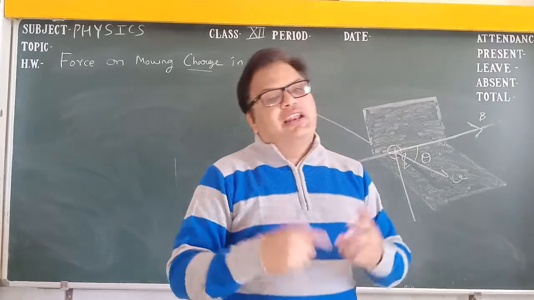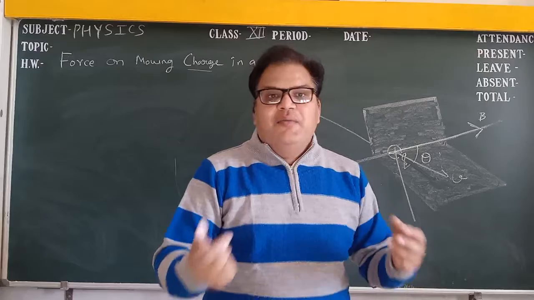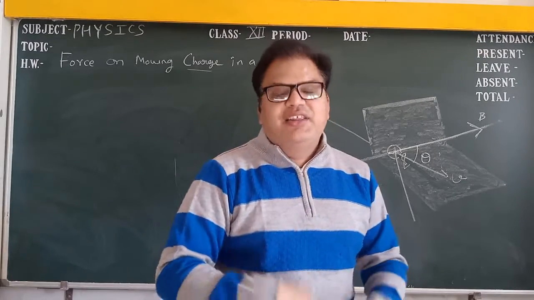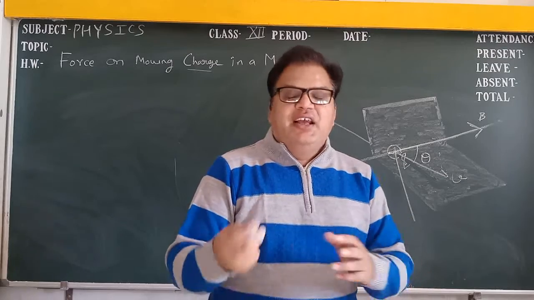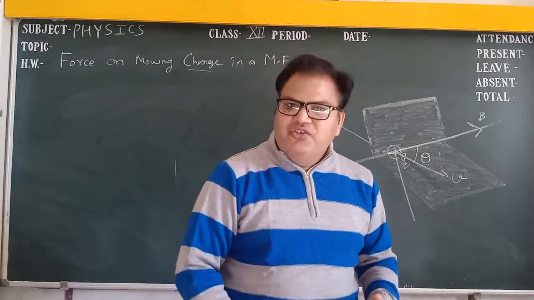Suppose the angle is 0, then the condition is different. Suppose the angle is 90 degrees, then the condition is different. But to understand, we are taking the angle theta. Thereafter we can easily find what happens when the angle is 90 degrees or 0 degrees.